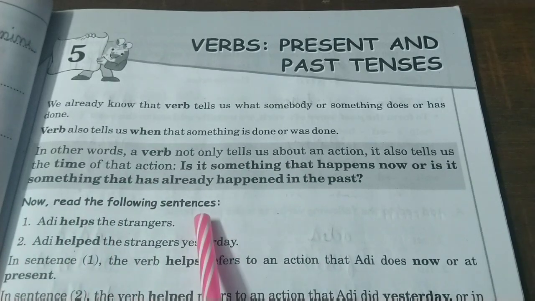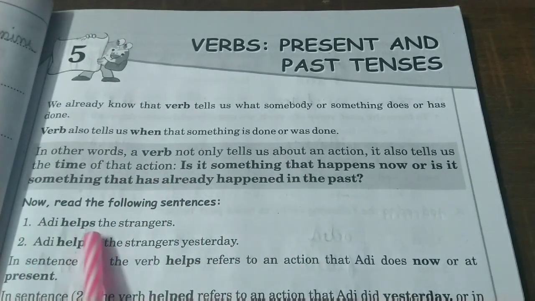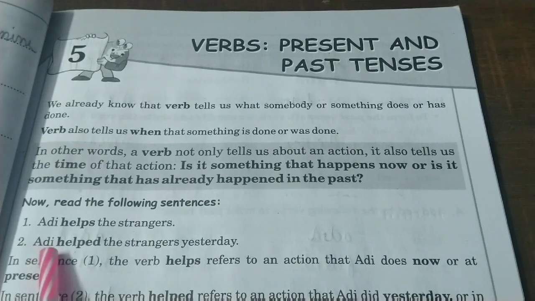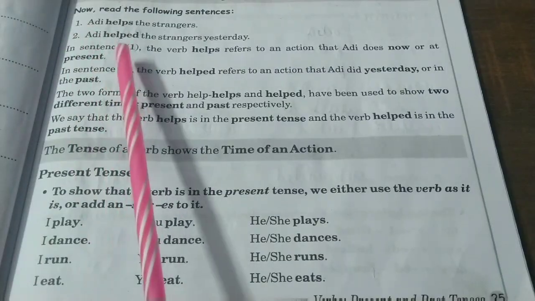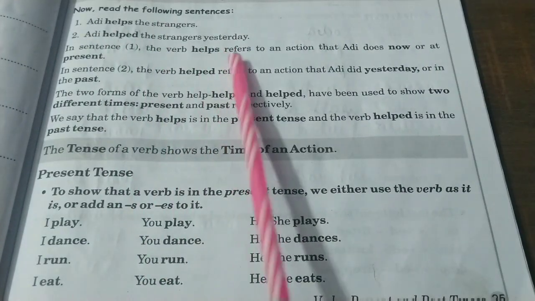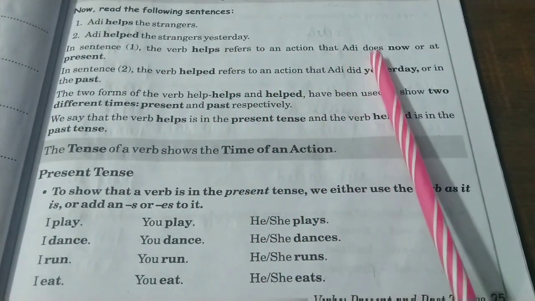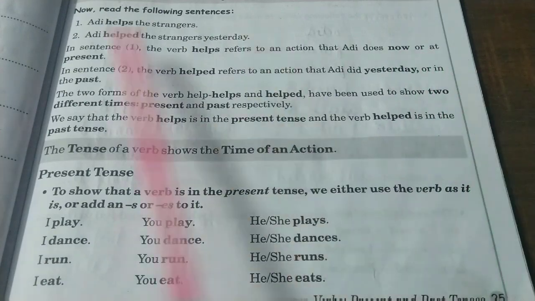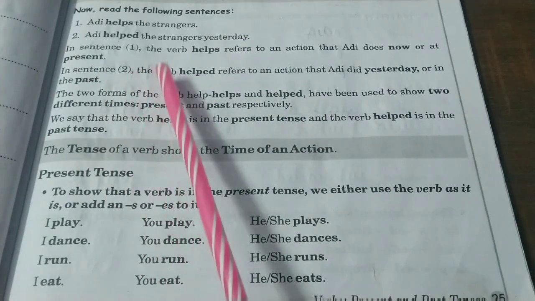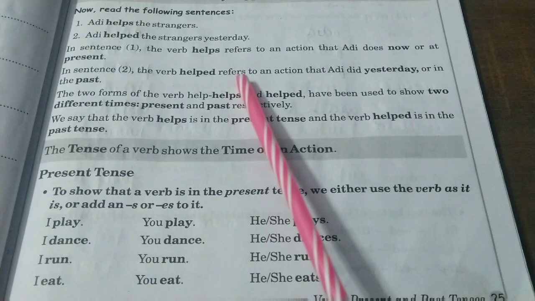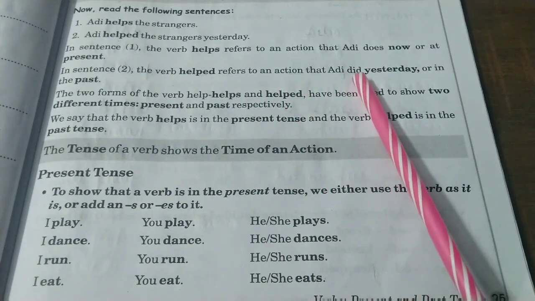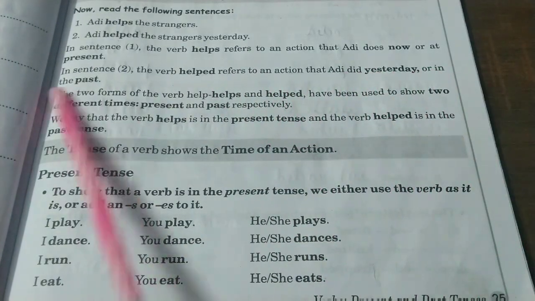Now read the following sentences. Adi helps the strangers. Adi helped the strangers yesterday. In sentence 1, the verb helps refers to an action that Adi does now or at present. In sentence 2, the verb helped refers to an action that Adi did yesterday or in the past.